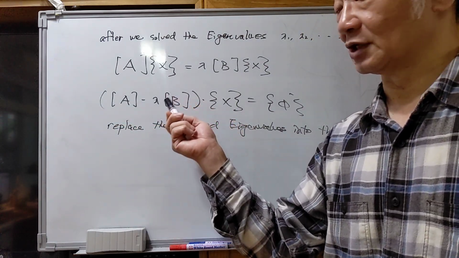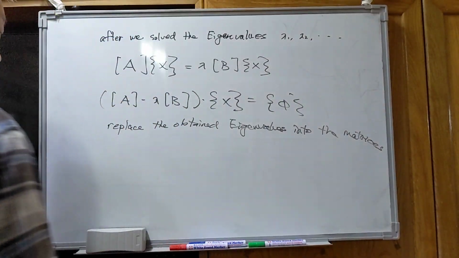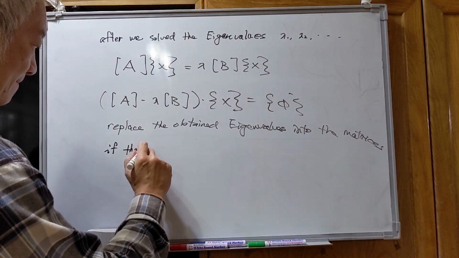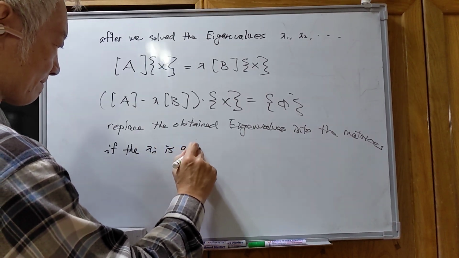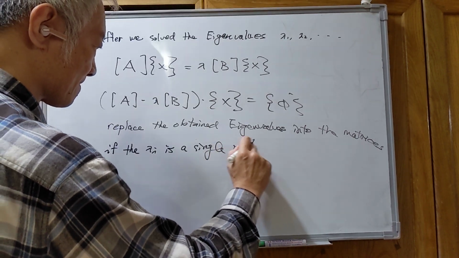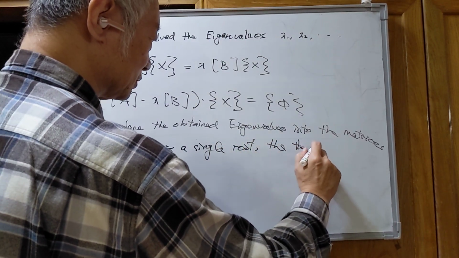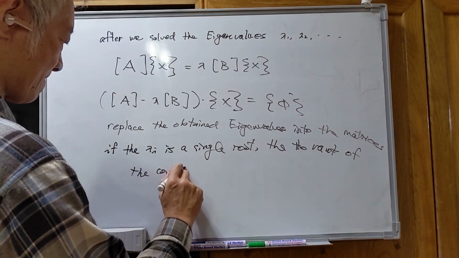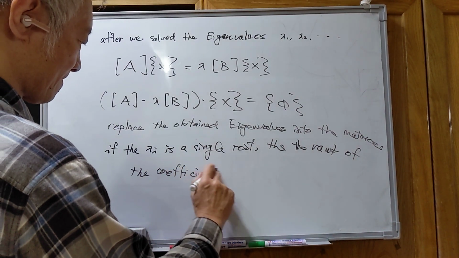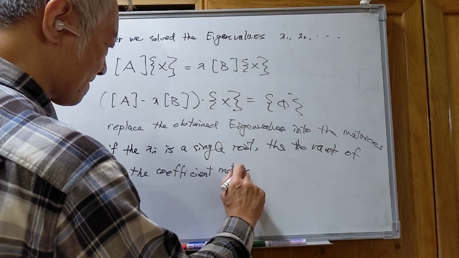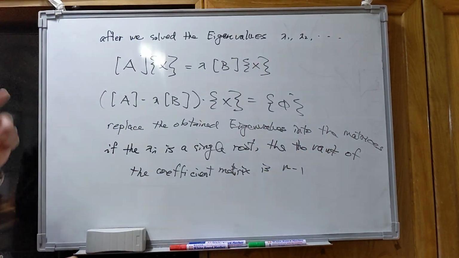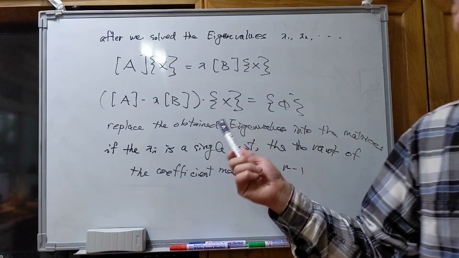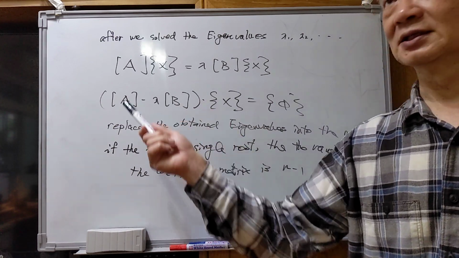Okay, but if lambda I is a single root, then if we replace lambda I into the coefficient matrix, we can get a matrix.